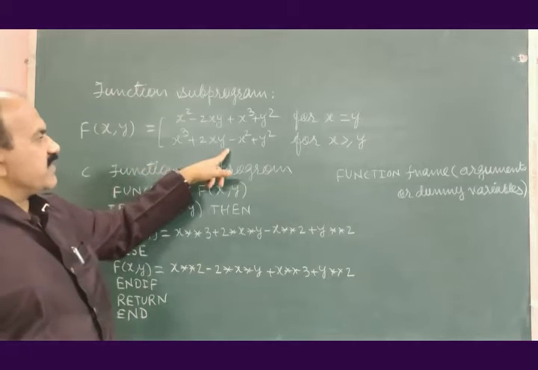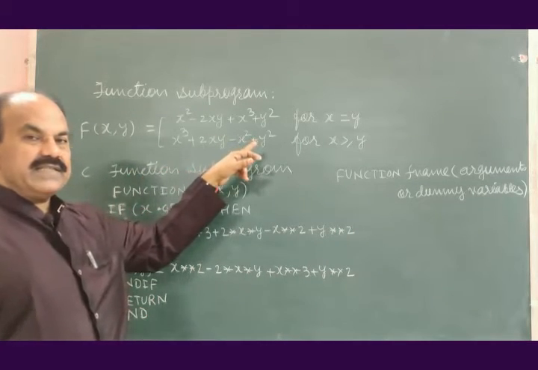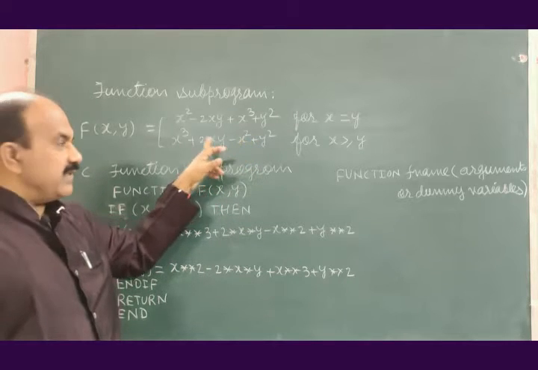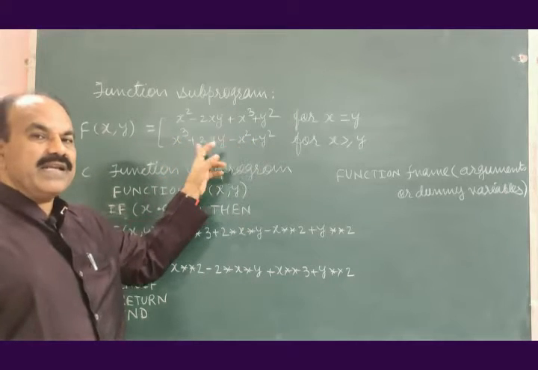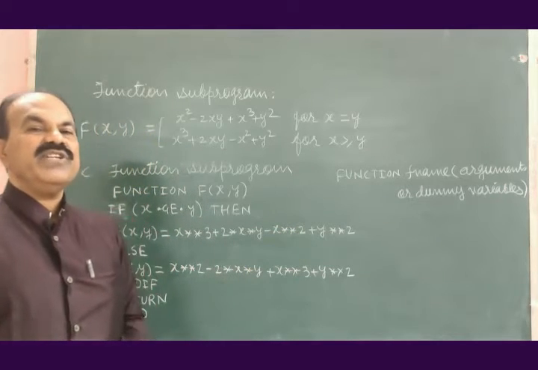This is in general algebra in arithmetic form, whereas this is also in arithmetic form but in Fortran.